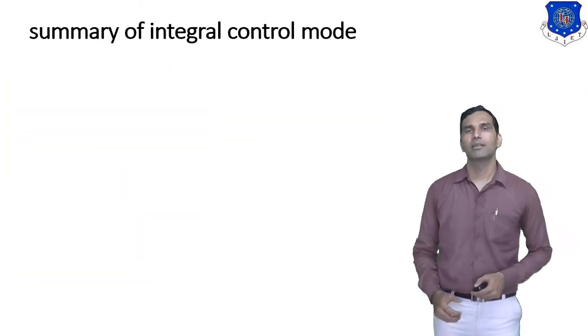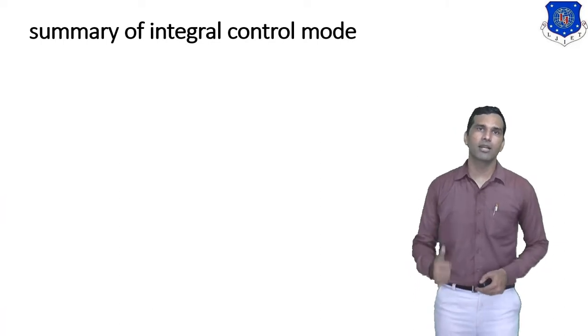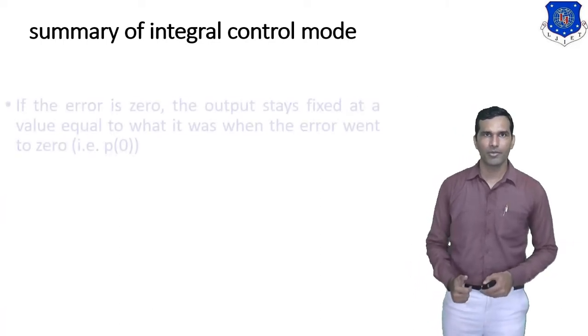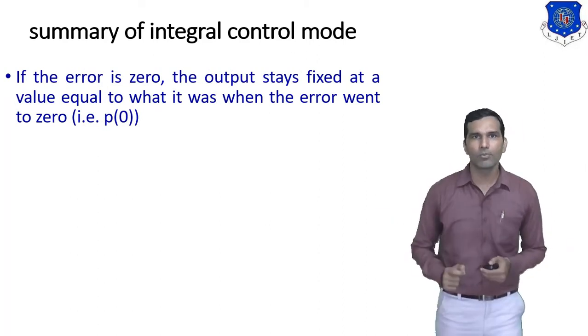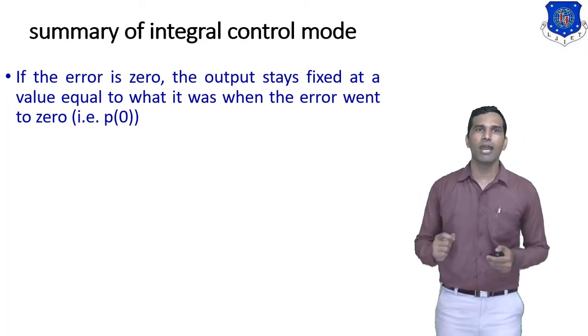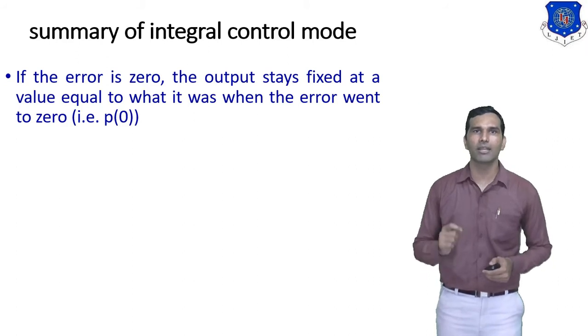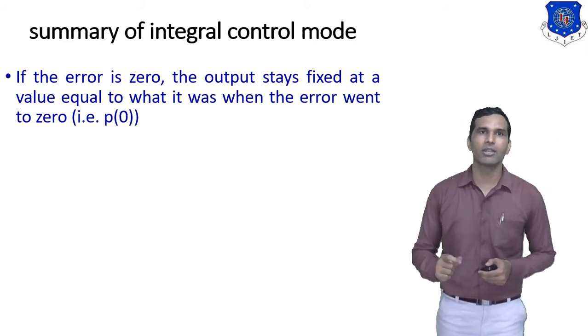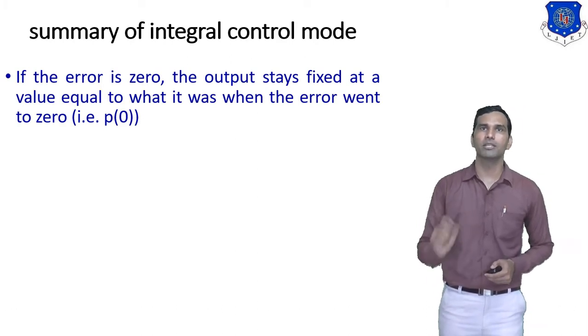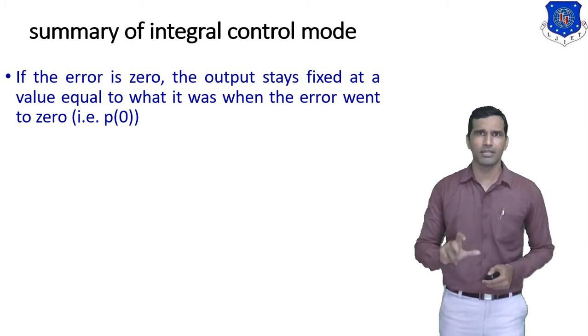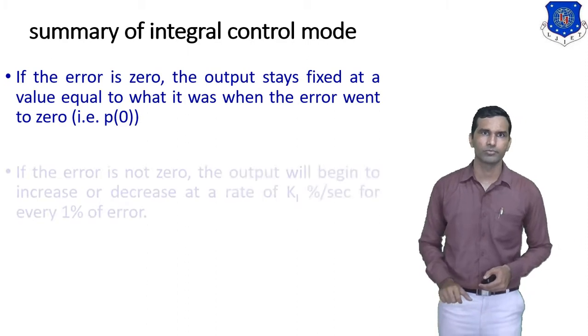Now we summarize the operation of integral control mode. If the error is 0, the output stays fixed at the value it had when the error went to 0. That means the output is at P0. There is no change of the controller output.